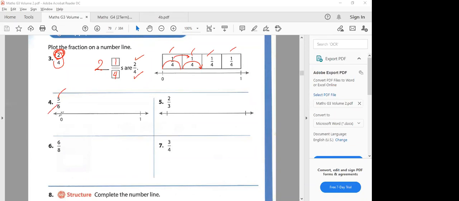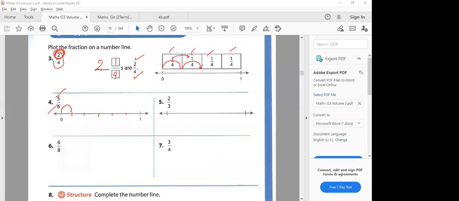Equal parts down, the denominator. You will divide over 6, which means you will divide the distance into 6 equal pieces. So 1, 2, 3, 4, 5, 6, like this. This is first jump.